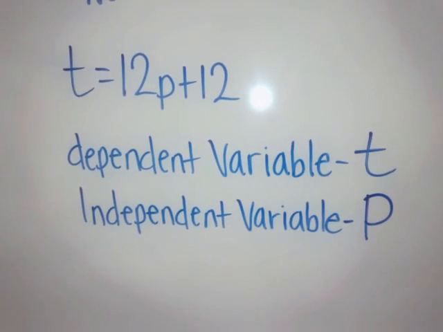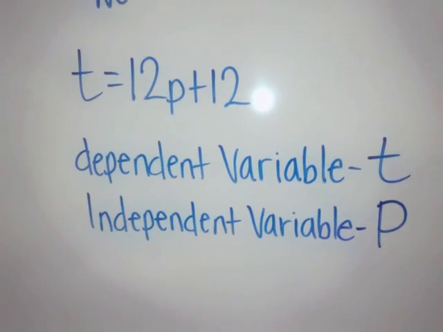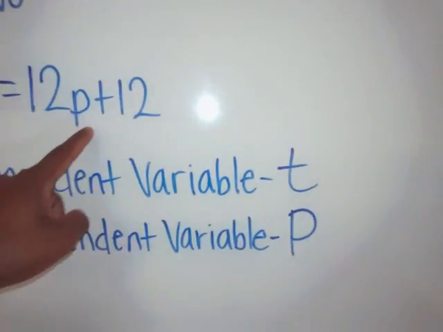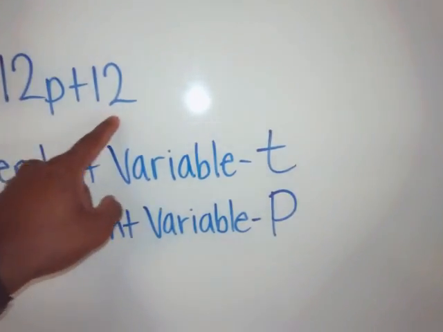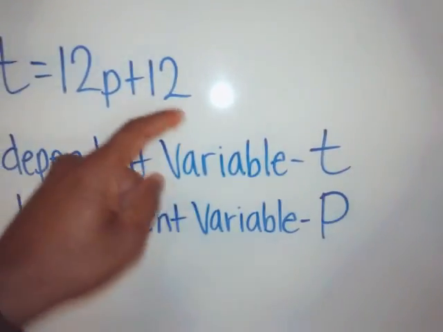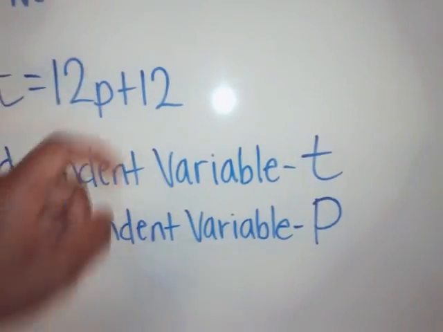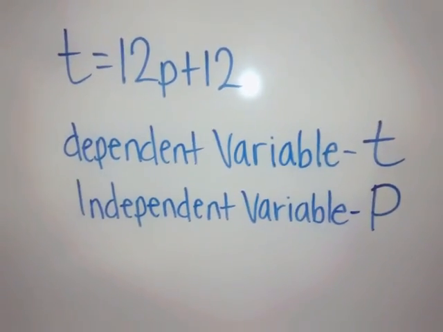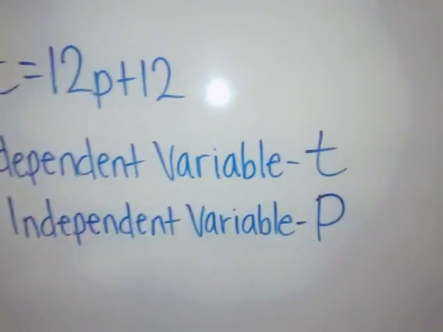The input is normally the independent variable. The output, which will be t, if I input 1 here, I can get an output for t by solving this expression. Therefore, it depends upon the value of p. So in this case, the dependent variable for this expression is t. The independent variable is p.